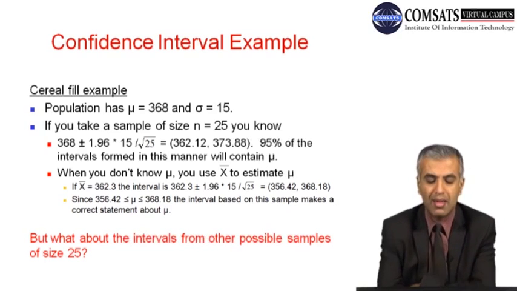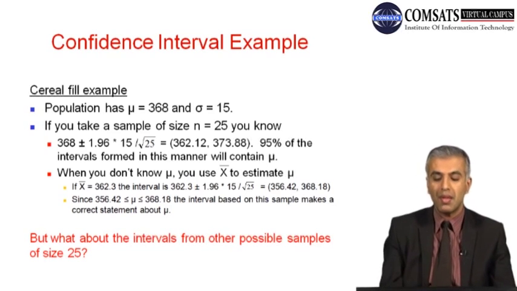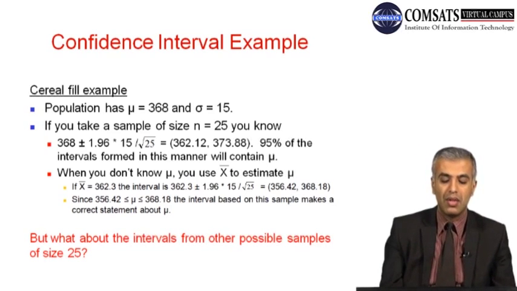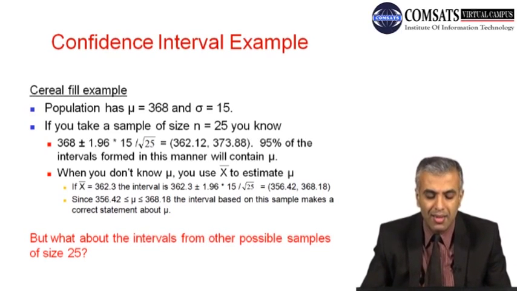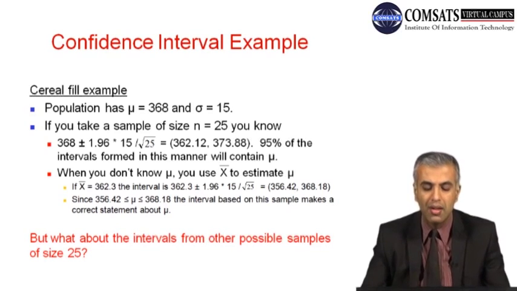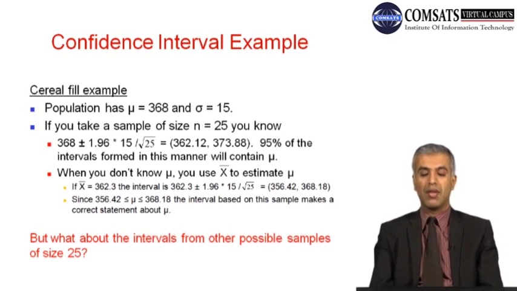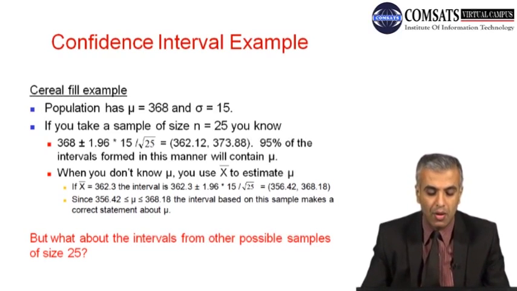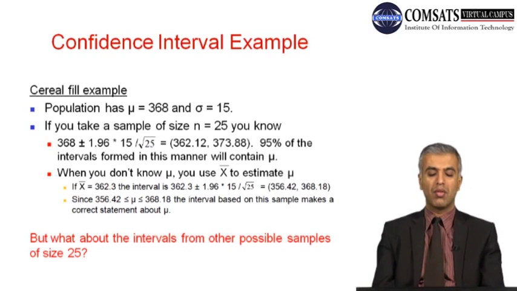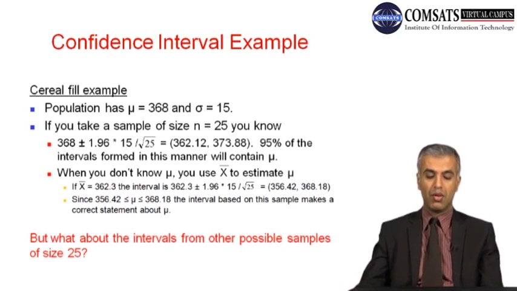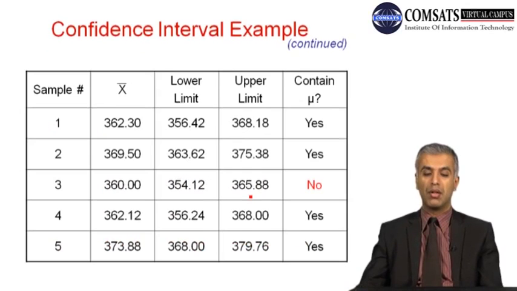Once we know these limits, we can state that mu lies between these specific values, and this interval based on this sample gives us a correct statement about the population. So what about the intervals from other population samples?